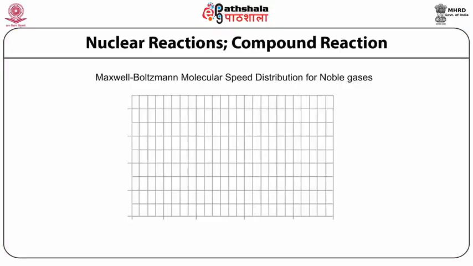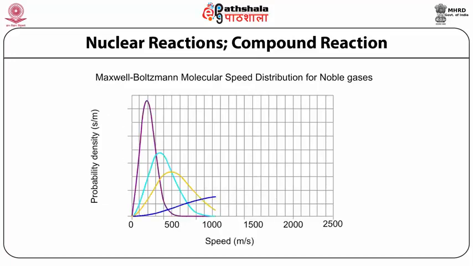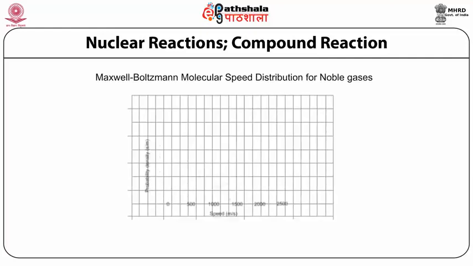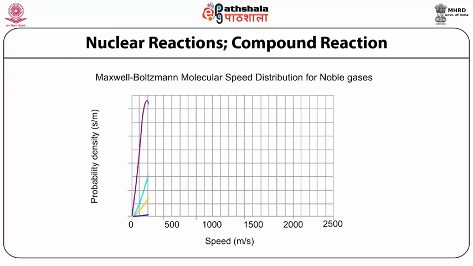Nuclear reactions, compound reaction. In this slide, a few graphs have been shown. These graphs represent the distribution of probability density as a function of speed. The shape of these graphs is the Maxwell-Boltzmann distribution type, and they have been plotted for various noble gases.